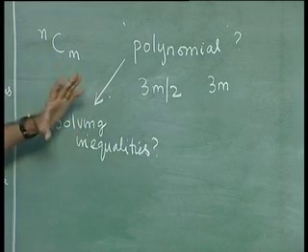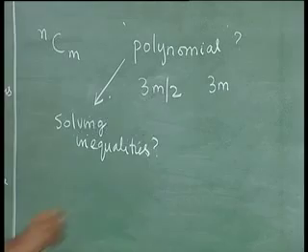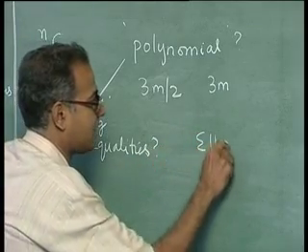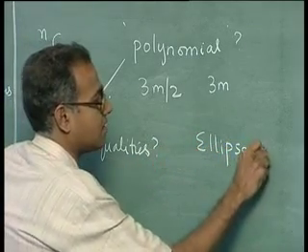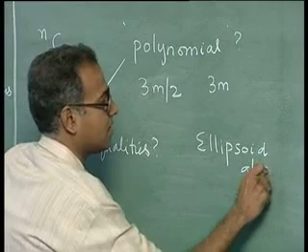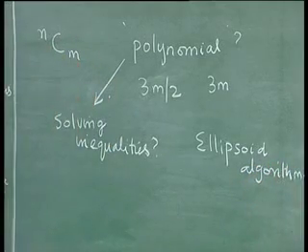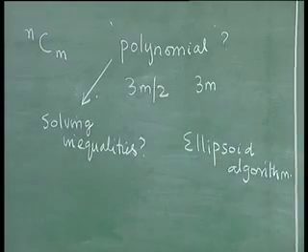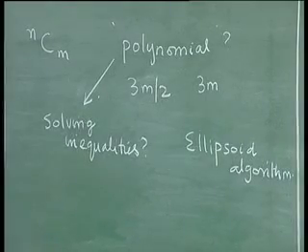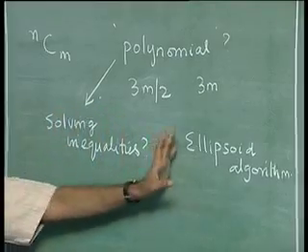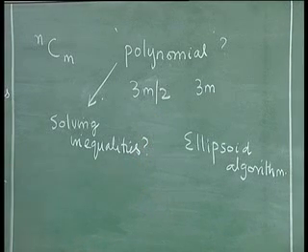Now, when this issue was being discussed, the ellipsoid algorithm was developed in 1979 to solve inequalities. It was a polynomially bounded algorithm to solve inequalities. We will not go into too much detail on the ellipsoid algorithm, but I will give you some basics.